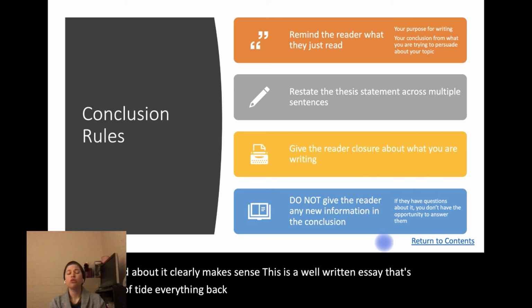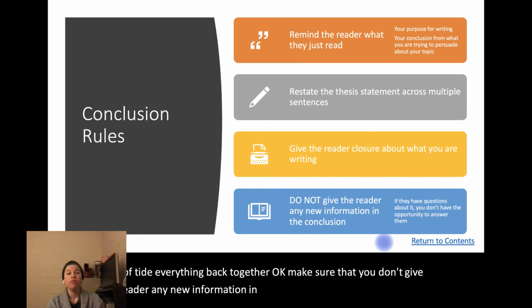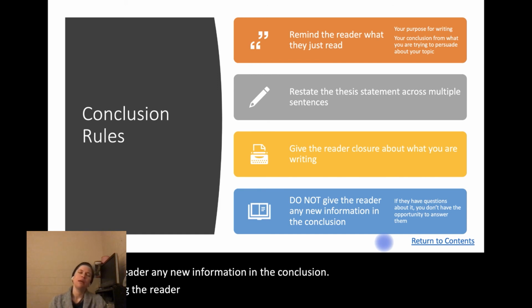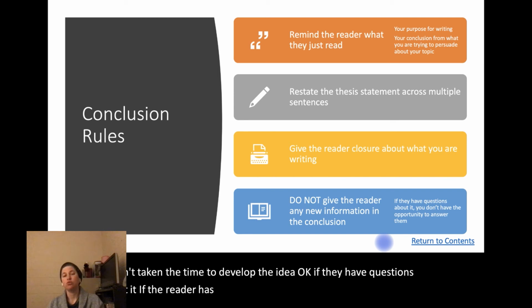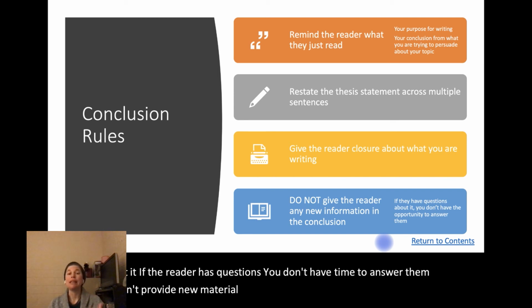Okay? Make sure that you don't give the reader any new information in the conclusion. Giving the reader new information in the conclusion means that you haven't taken the time to develop the idea. If the reader has questions, you don't have time to answer them. So don't provide new material for them to work with right at the end.